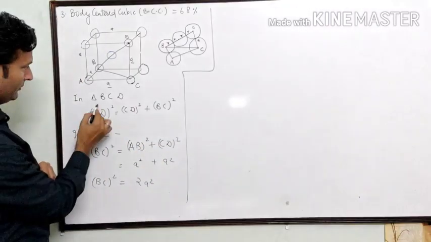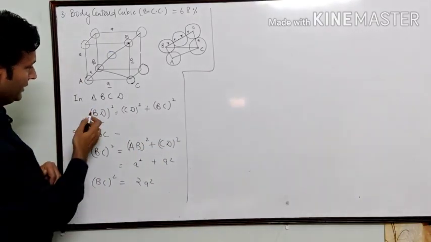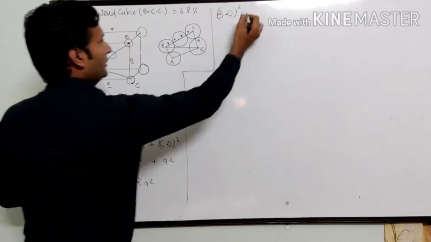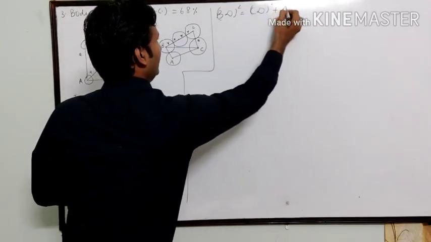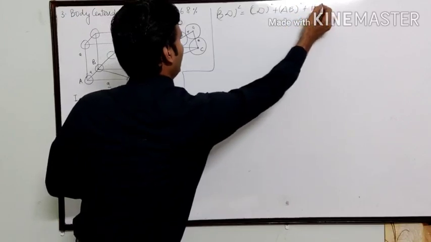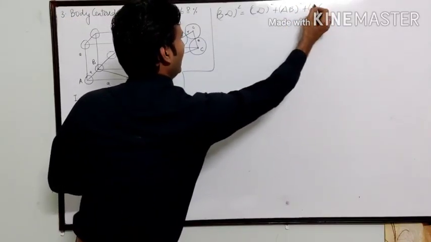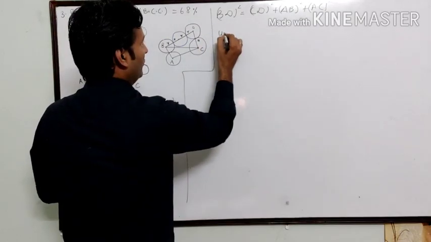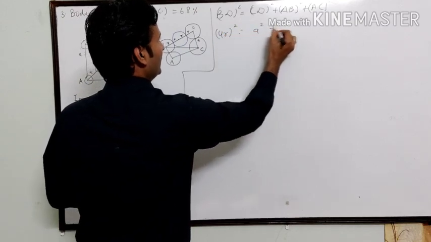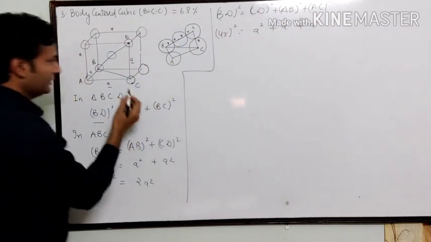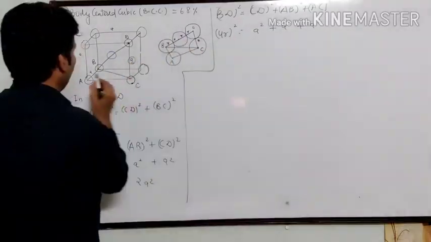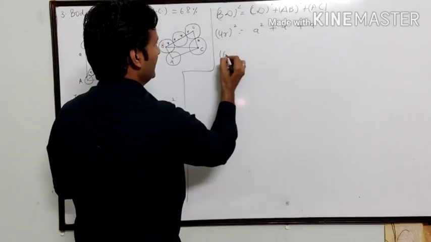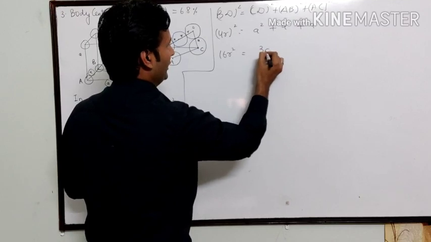Now in triangle BCD, BD square is equal to CD square plus AB square plus AC square. Now we have all the values. BD square is equal to 4R square, and it is A square, A square and A square. Again you can see C to D is edge length A, A to B is edge length A and A to C is edge length A. Now it is 16R square equals 3A square.